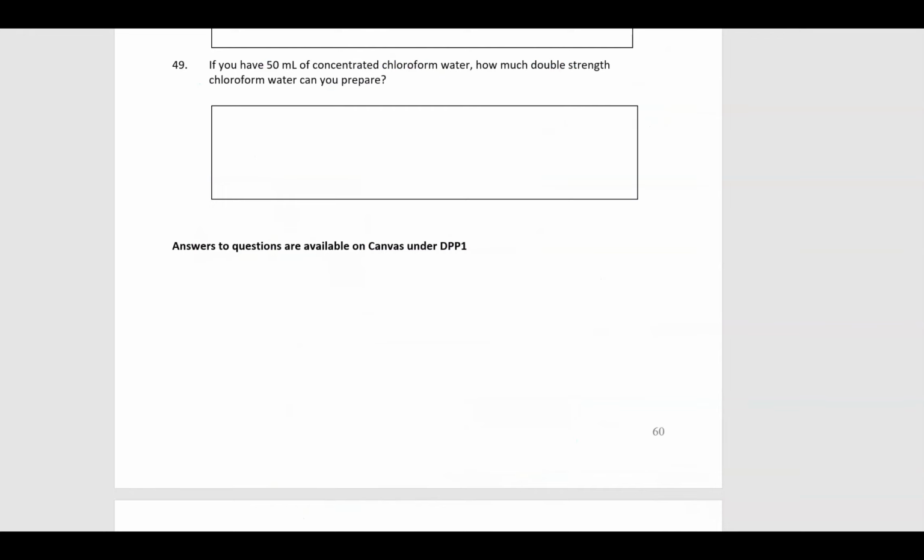If you have 50 milliliter of concentrated chloroform water, what does it mean? It means that my volume is 50 milliliter, my concentration is concentrated, meaning 10%, C1 V1. How much double strength water can you prepare?